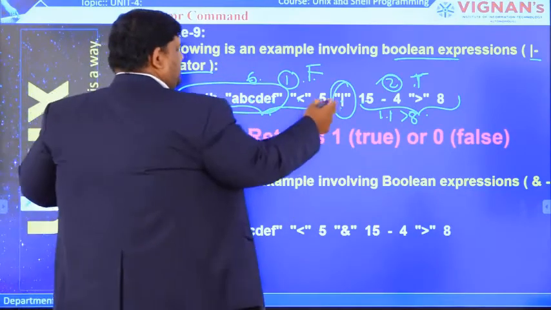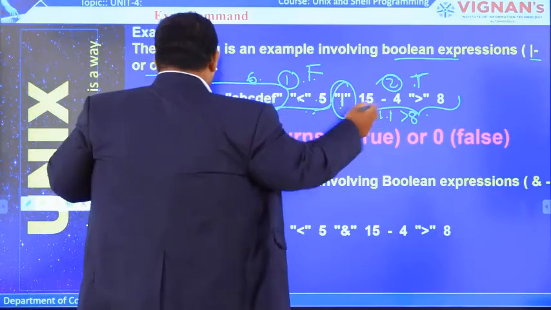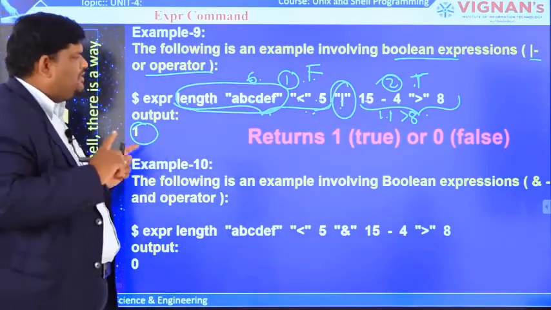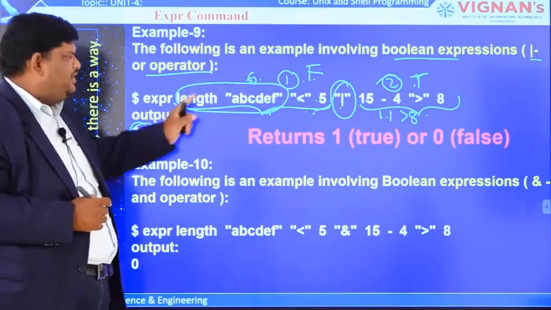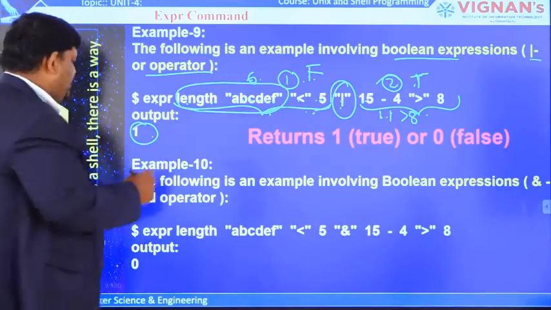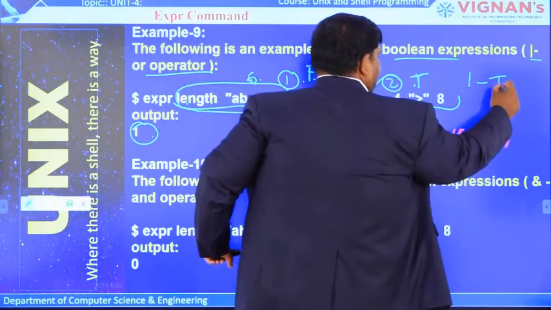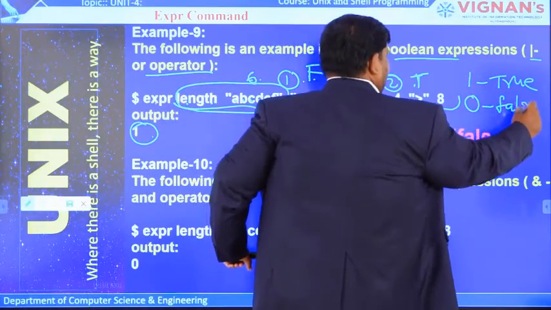While performing the OR operator, if any one of the results is true, then the answer is true. Only if both operands are false is the result false. Here the value 1 indicates true, and if the result is 0, that indicates false.